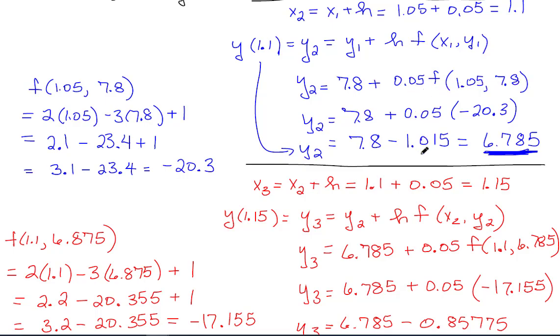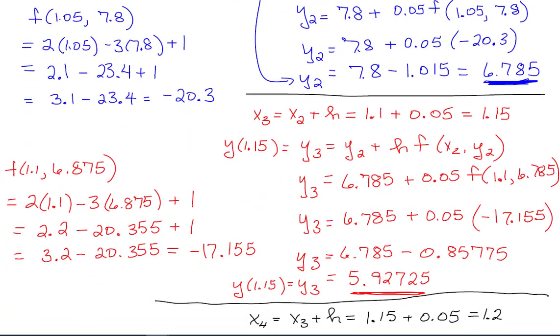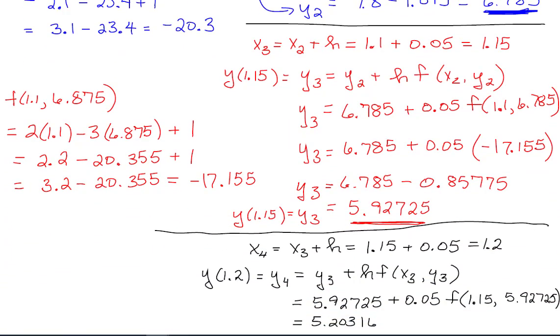And when you grind through that, you get your new y2, which is 6.785. I step another h, and so that's 1.1 plus 0.05 or 1.15. So the process is the same, it's just longer and much more tedious.